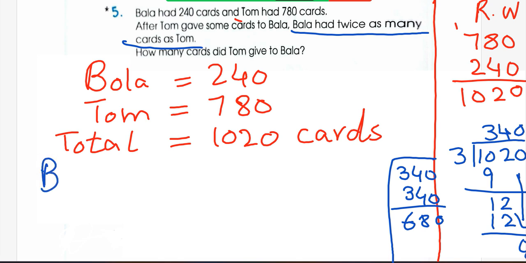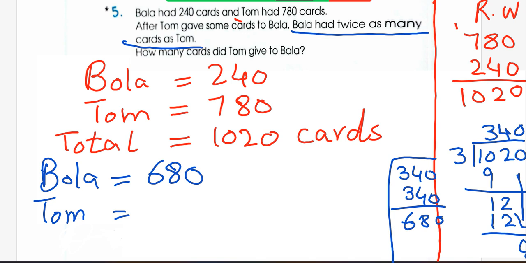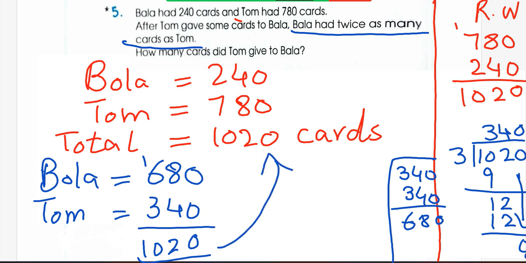Can I say that Bola will have 680 cards and Tom will have 340 cards. And again, if we add them, we will have the total of 1020 cards, right? I have divided the cards into 3 parts.